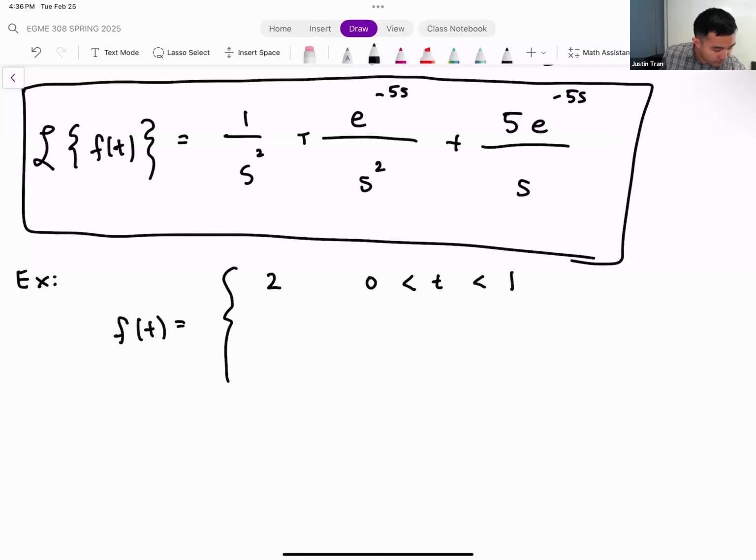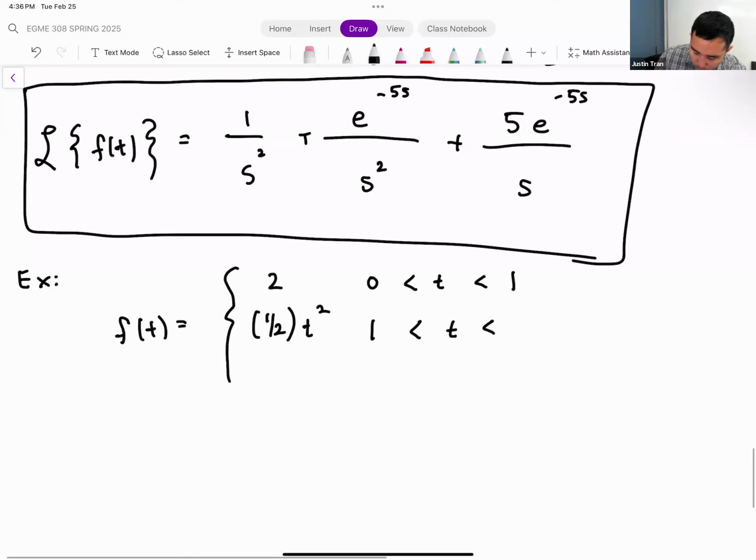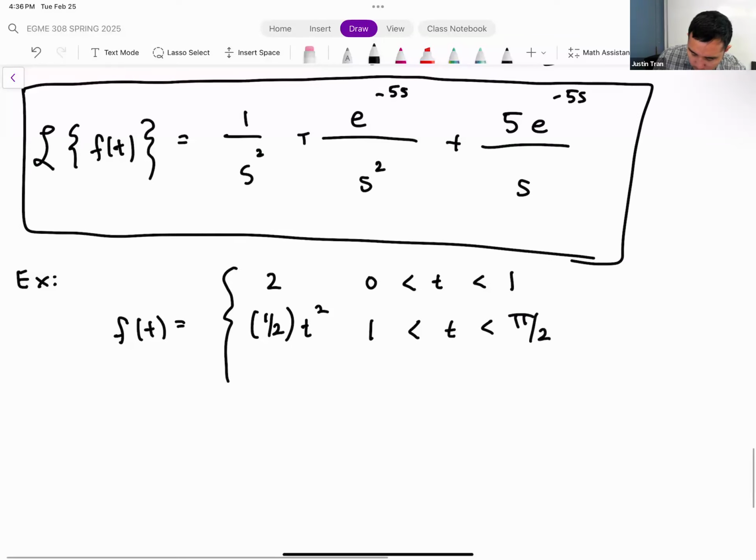It's going to have a value of 1/2 t squared when t is between 1 and pi over 2. And then after that, it's going to have a value of cosine of t when t is greater than pi over 2.